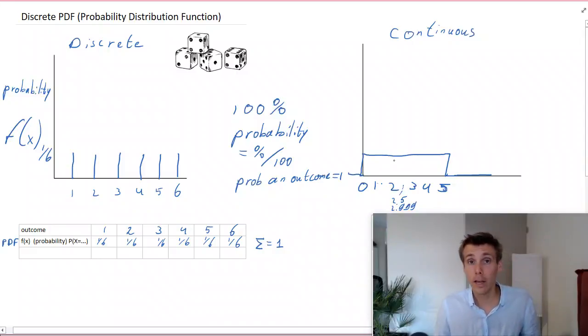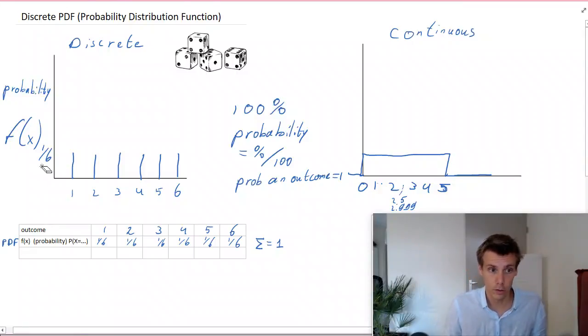I will explain you later more about continuous distribution function, but I want to show you the difference between what is a continuous distribution function and what is exactly a discrete distribution function. Discrete, continuous. How you can write it down, the discrete distribution functions. A lot of the time you see them in a table.